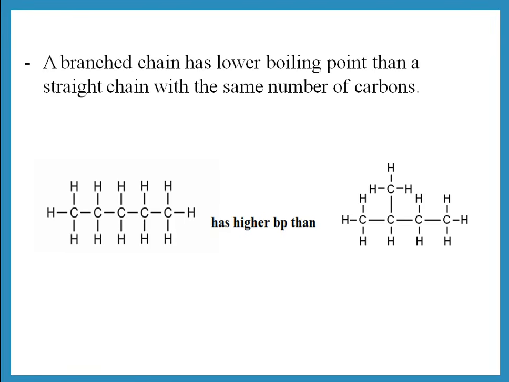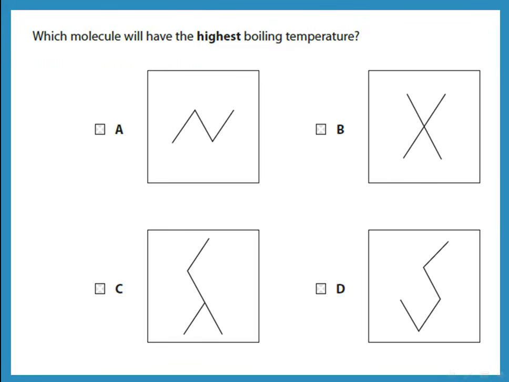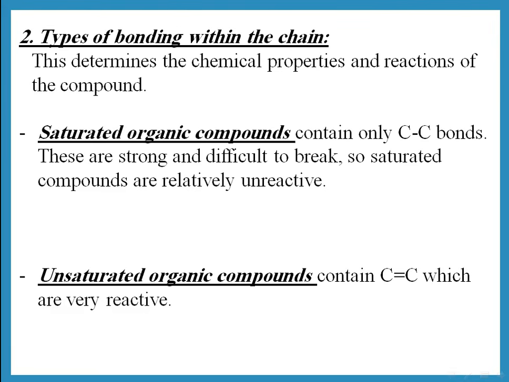If it is more branching, same number of carbons but more branching, then that would be a lower boiling point. So for example, if we look at this, these structures show carbons and they indicate different numbers of carbons, and you should realize that if I have a longer chain like the one in D, that would have the highest boiling point.